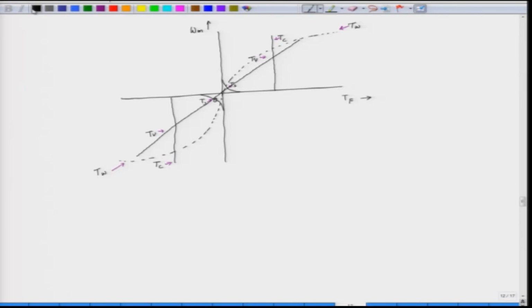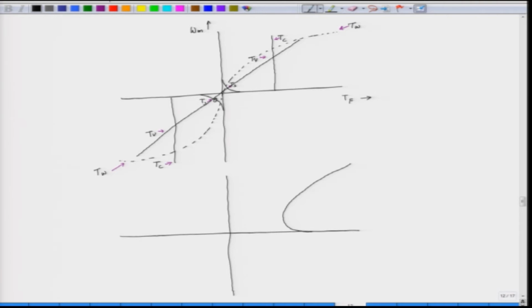Now, when we add all these friction components, we get the overall behavior of the frictional torque. The overall behavior of the frictional torque can be plotted like this. Initially we have the static friction, it gradually decreases and then it increases like this.